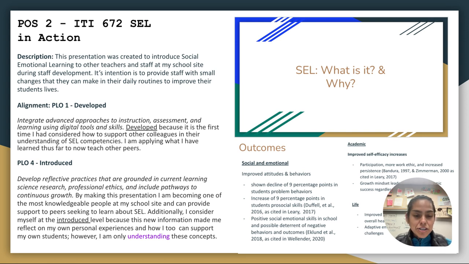I had not considered how to support other people and in growing myself. And so I feel that at this point I was just beginning to understand SEL and how to support those in my community.